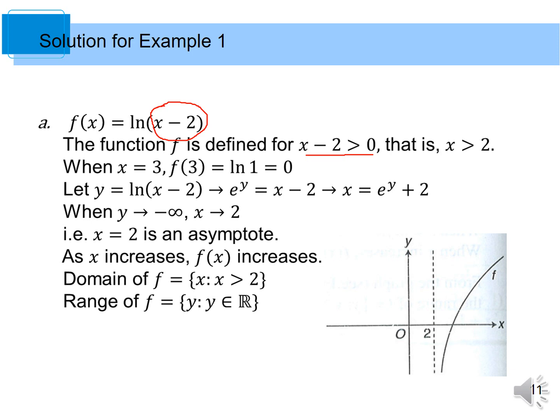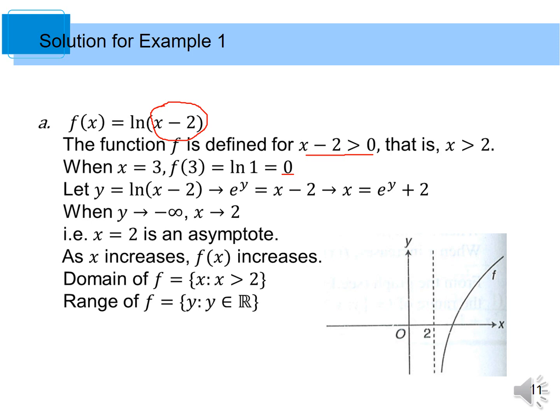After we obtain the domain, since the question requires us to sketch the graph, you can determine the x-intercept. To obtain the x-intercept, y is equal to 0, so you let f(x) equal to 0 and solve for x. Here is the original function, f(x) equal to natural log of (x minus 2).